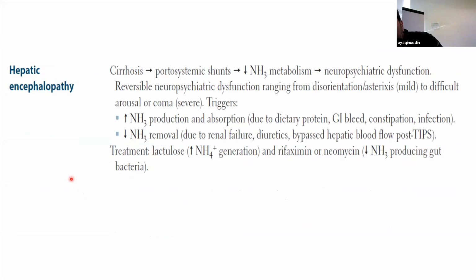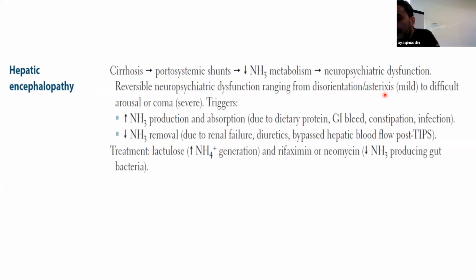It usually is one of the signs of cirrhosis where you are unable to convert ammonia into urea, and this overproduction or decreased removal of ammonia from the system can result in hepatic encephalopathy. It's a reversible neuropsychiatric dysfunction ranging from disorientation to asterixis, which is the flapping tremors, to being difficult to arouse or coma. So in severe cases, you can be in a coma.